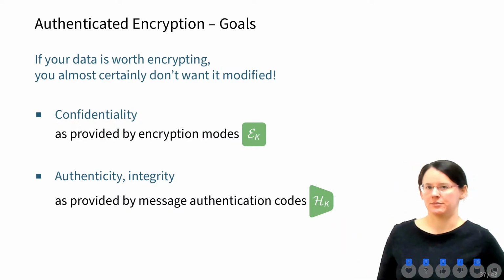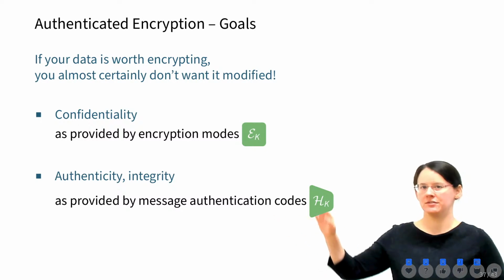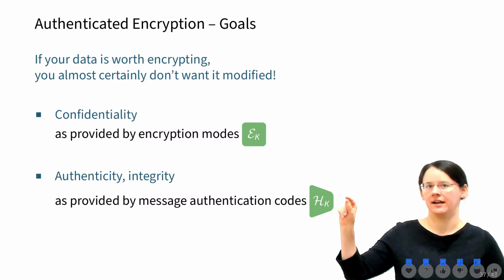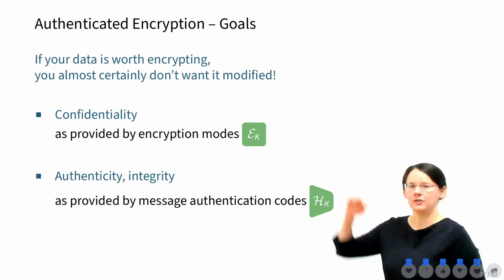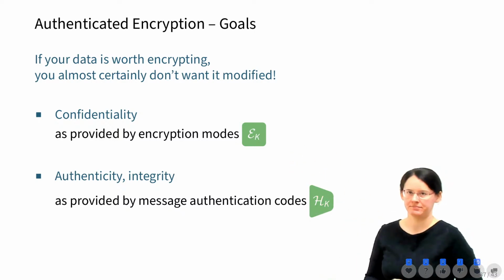So MACs, as we saw in the beginning. To recall, if you've already forgotten, this was where you plugged in the message, arbitrarily long, and you got out a short authentication tag as a result. And we want to combine the two, so ciphertext plus authentication tag.